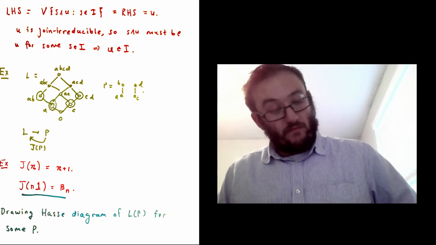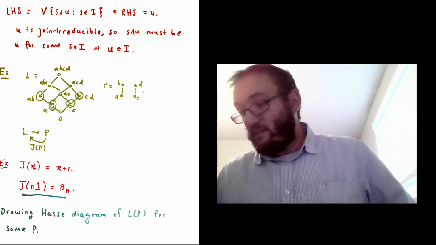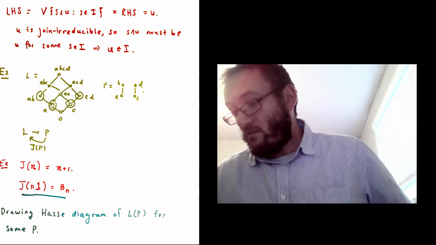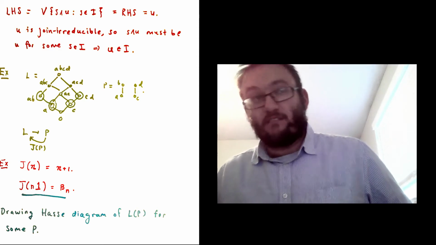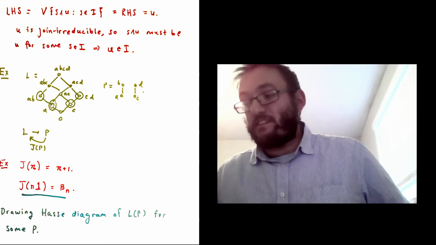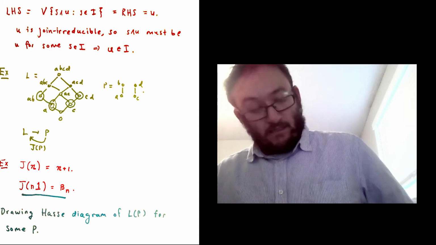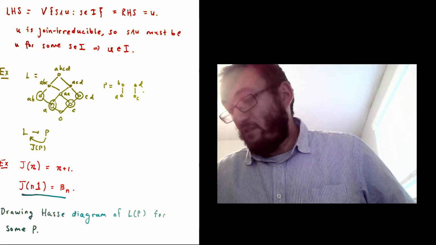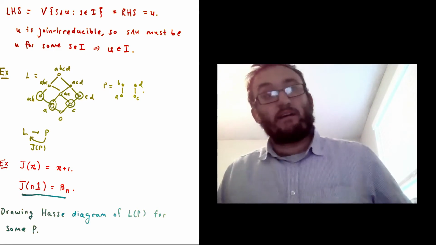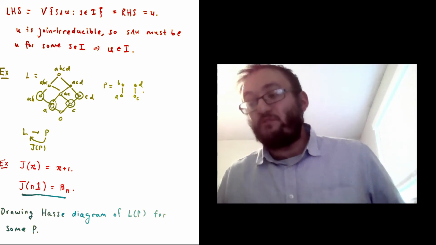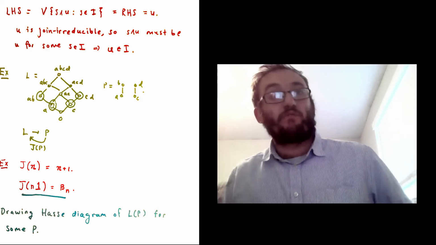Some lattices of order ideals for classic posets. If I take the lattice of order ideals of the chain n, what I'll get is the chain n plus 1. Right, because you have an order ideal corresponding to each element in the chain, and then also the empty order ideal.